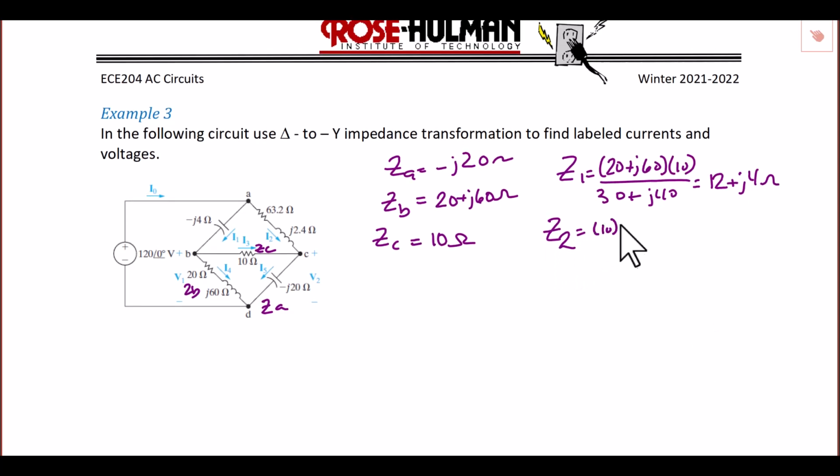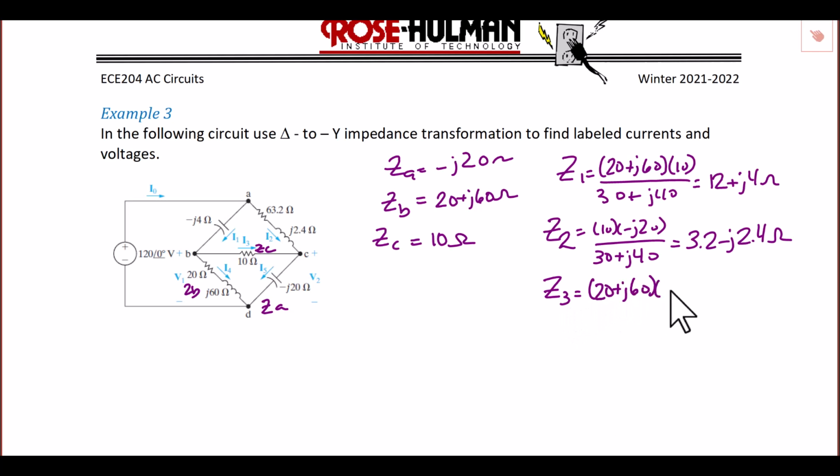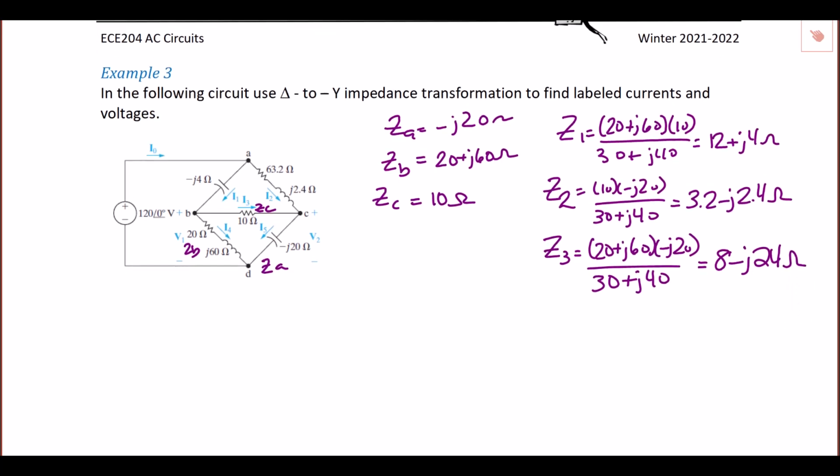Z2 is going to be 10 times negative J20 over 30 plus J40, which equals 3.2 minus J2.4 ohms. And Z3 is going to equal 20 plus J60 times negative J20 over 30 plus J40, which equals 8 minus J24 ohms.